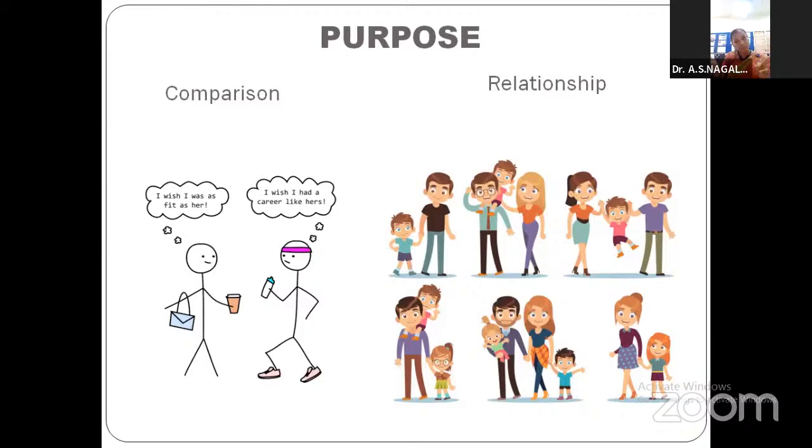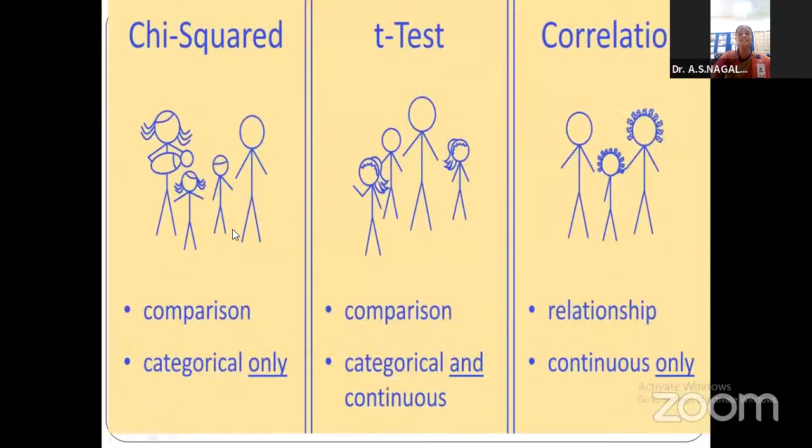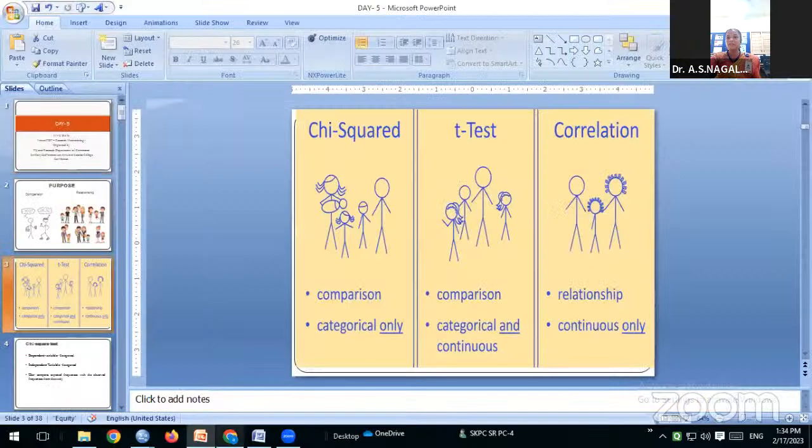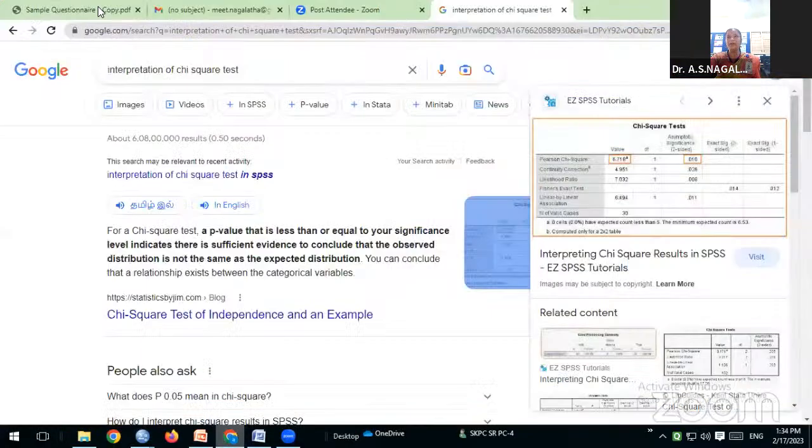So normally these two aspects are the focus of research: comparison, or identifying the relationship. If it is a comparison, it is for a categorical variable. So what is a categorical variable? Anybody? We have seen categorical variables in the question paper.